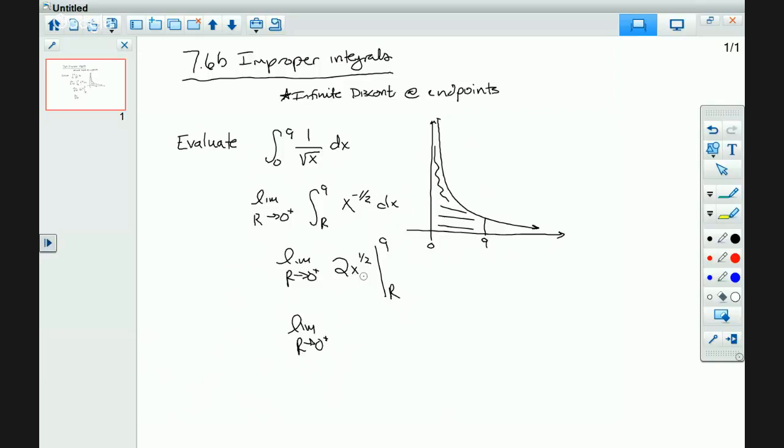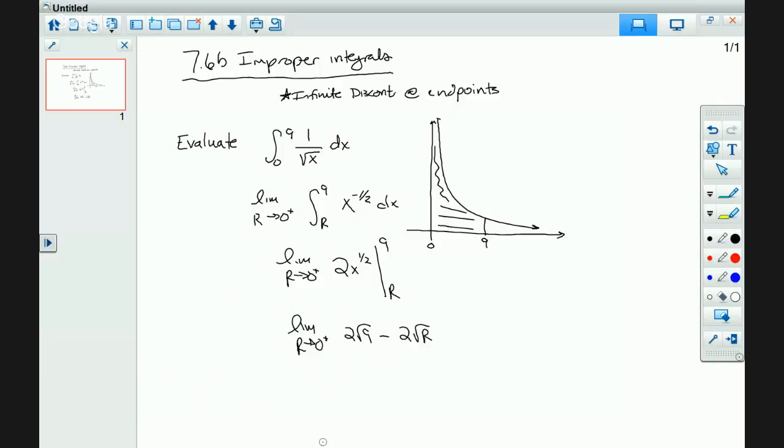Okay, so we have 2 root 9 minus 2 root r. When you evaluate, plug 0 in. Remember your first try on limits is plug and chug.